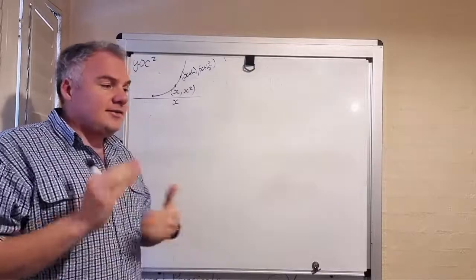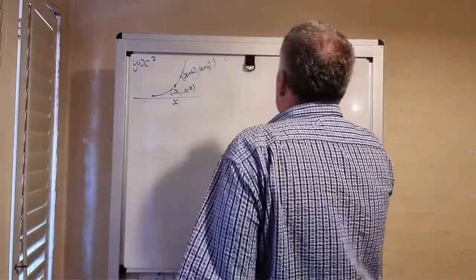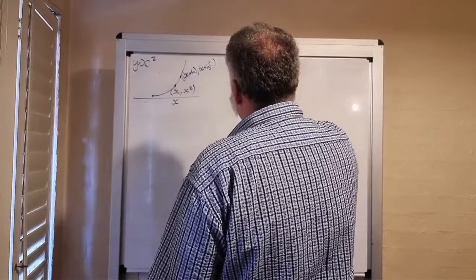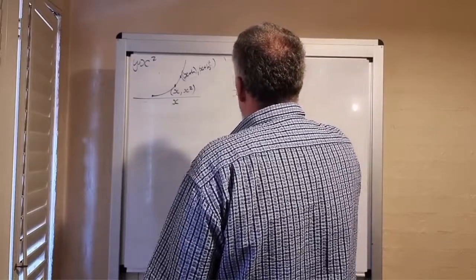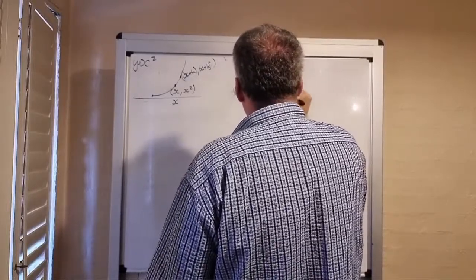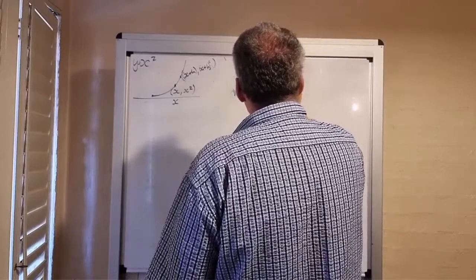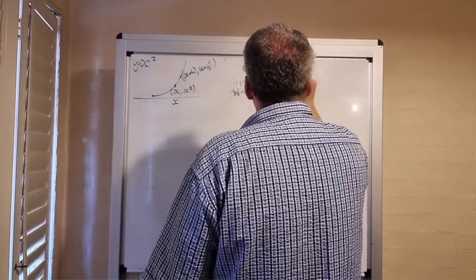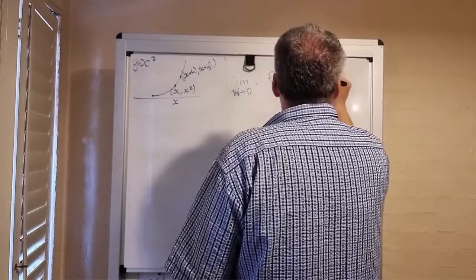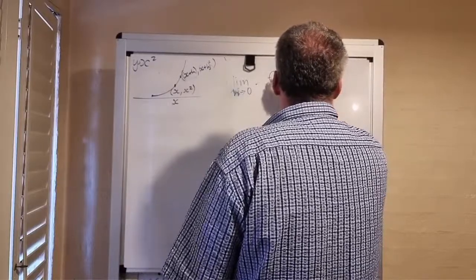Yeah? And this is the definition, the background work for the derivative. So the derivative formula is the limit as h approaches 0 of f of x plus h minus f of x over x plus h minus x.